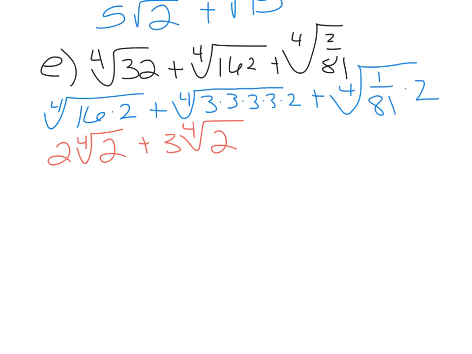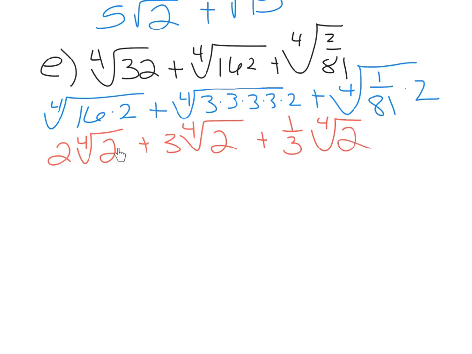Or in other words, bring that denominator down. And now this is a perfect 4, because the fourth root of 81 is 3. That's where these 3's come from over here. So the fourth root of 1 over 81 is 1/3. And then this 2 can stay underneath, like this one did. So we have 1/3 times the fourth root of 2.